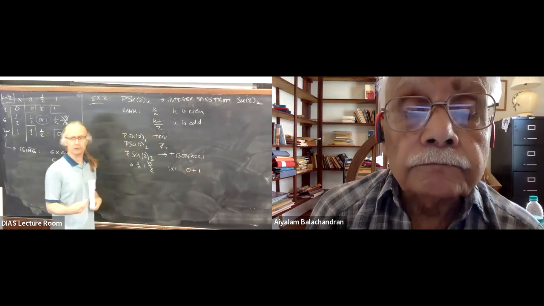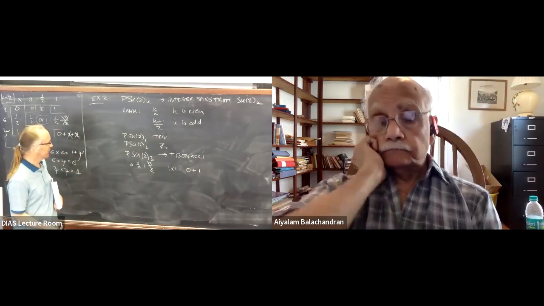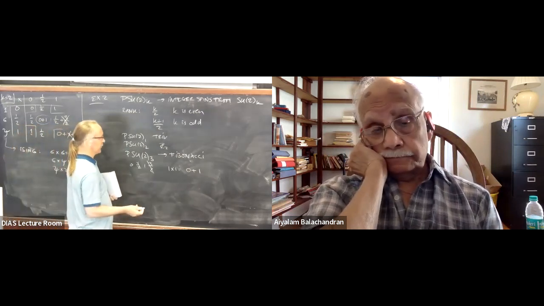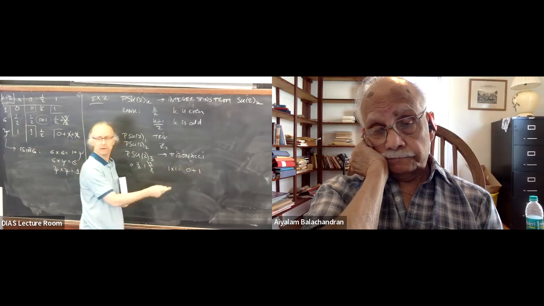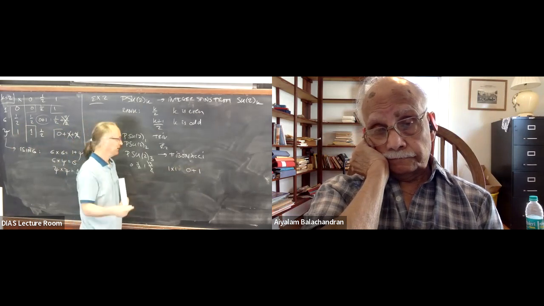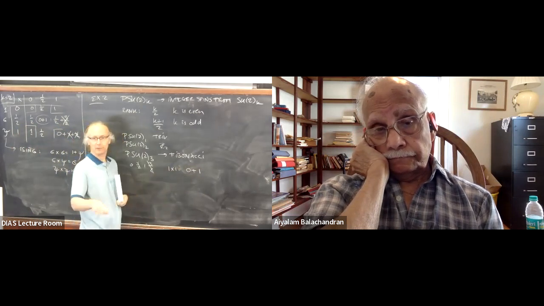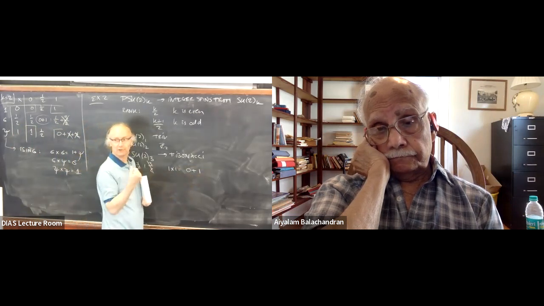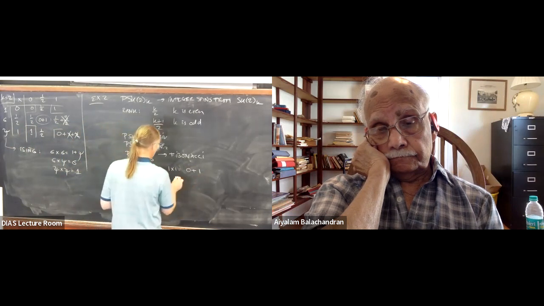So suddenly now you have two different fusion channels. And it's called Fibonacci because this naturally leads to the Fibonacci sequence once you start to iterate. You make 1 times 1 times 1, 1 times 1 times 1 times 1. The number of zeros and ones that you end up with are all Fibonacci numbers. So this is a nice exercise, but I'm not going to do it now.